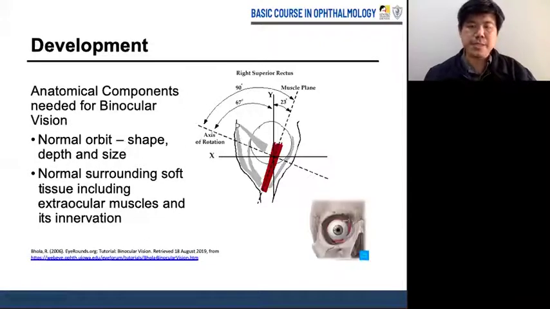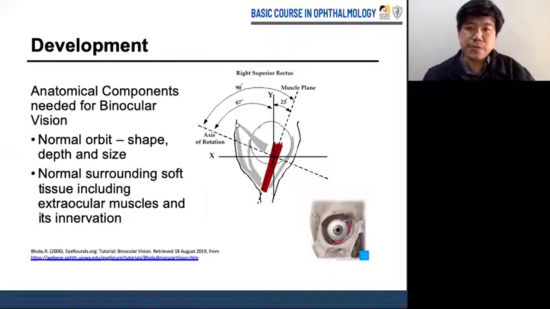So moving on, the development of binocular single vision is achieved at all times by having normal or properly developed anatomical and physiological components, okay? So the two eyes are so situated in the orbit that the visual axes are directed in the same direction. This is due to the shape of the orbit.